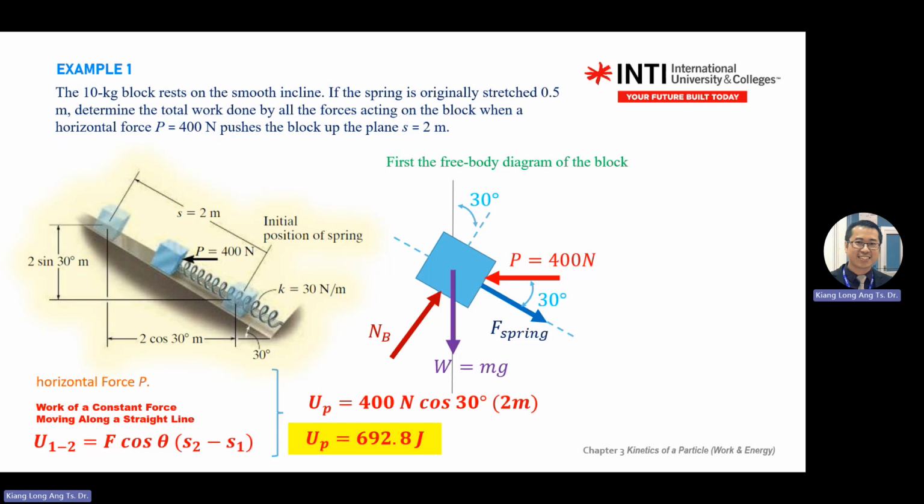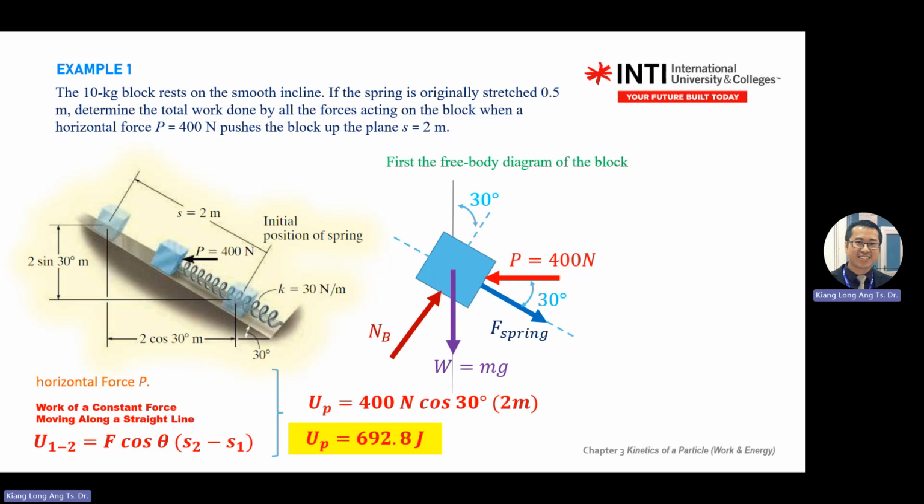I hope you can see the P. The P goes this way, so you go this way and this way. So 30 here and here is cos. So P cos 30. This one does not generate work. You can write P sine 30, but it doesn't do work.